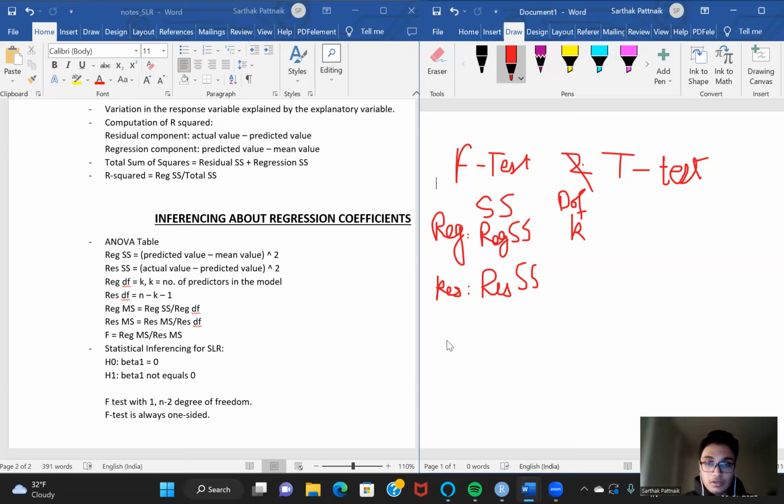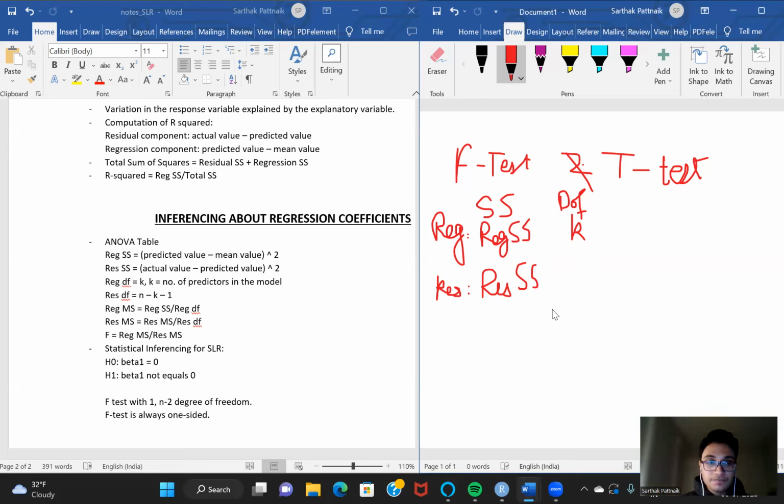So in case of an MLR, you will have multiple independent variables and therefore you have multiple coefficients for those independent variables. But in case of a simple linear regression, there is only one. So the number of predictors for your simple linear regression, or K, is going to be 1.